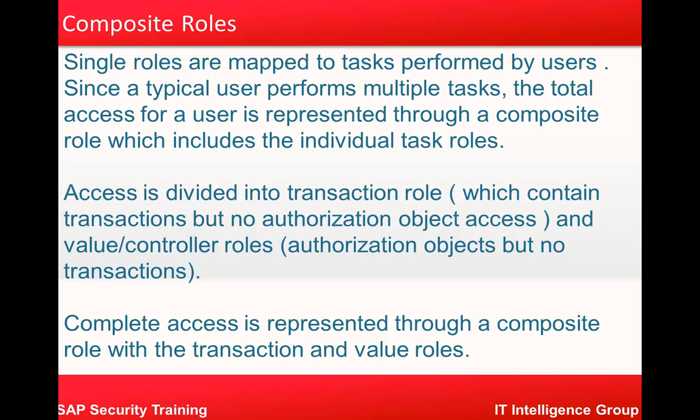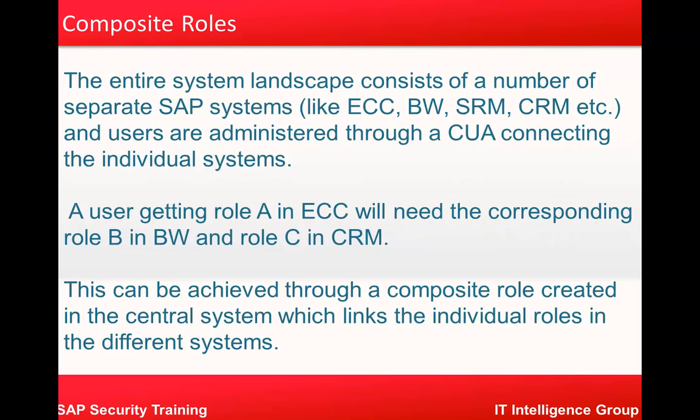Since a typical user performs multiple tasks, the total access for a user is represented through a composite role, which includes the individual task roles. Access is divided into transaction roles, which contain transactions but no authorization object access, and value controller roles, that is authorization objects but no transactions. Complete access is represented basically.